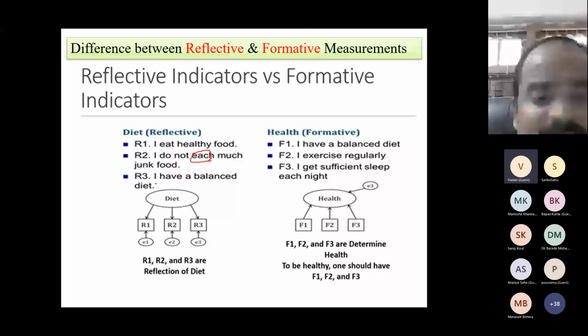Sorry, I think it has been written wrongly somehow. Although here it is written 'I have a balanced diet', this is reflective. But please read the formative statements. I have a balanced diet. I exercise regularly, it is causing. I get sufficient sleep each night, it is causing.